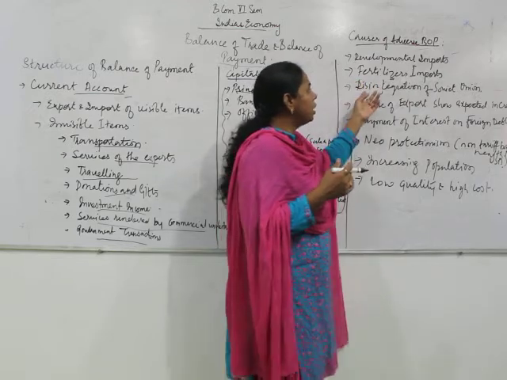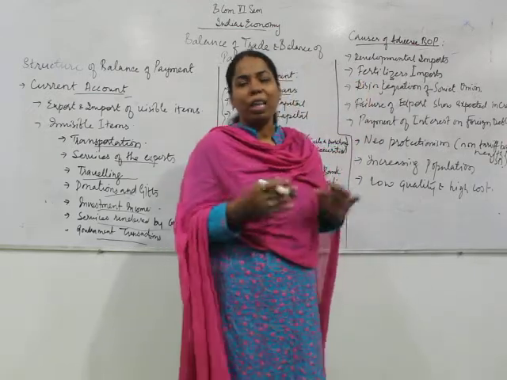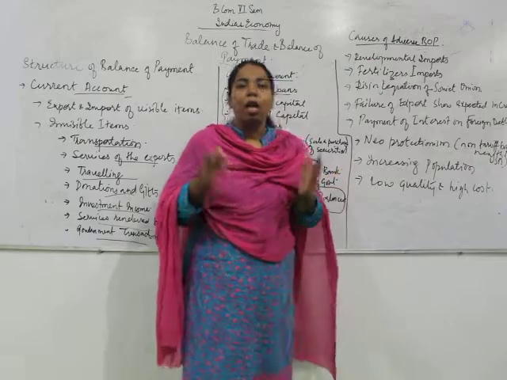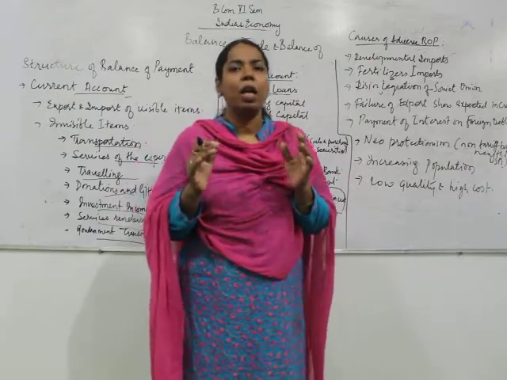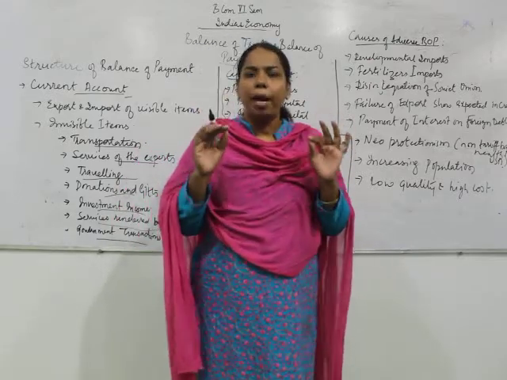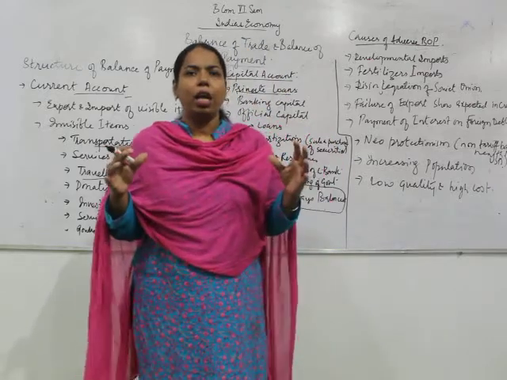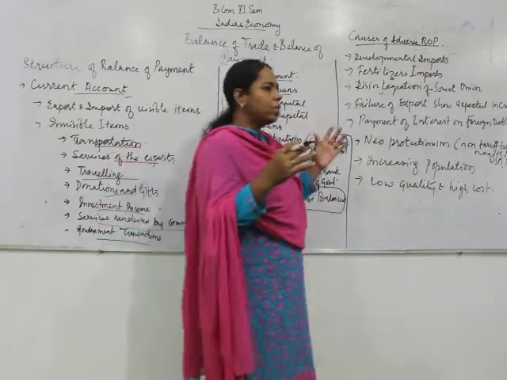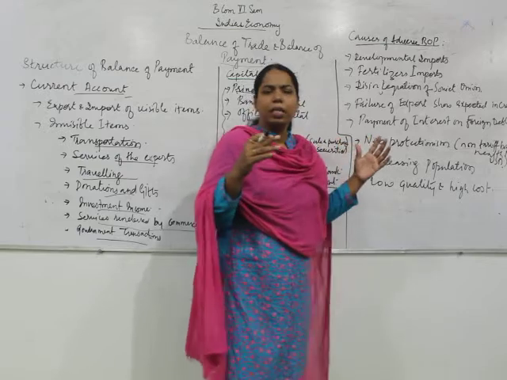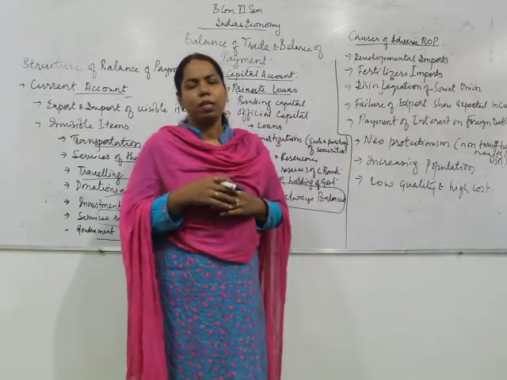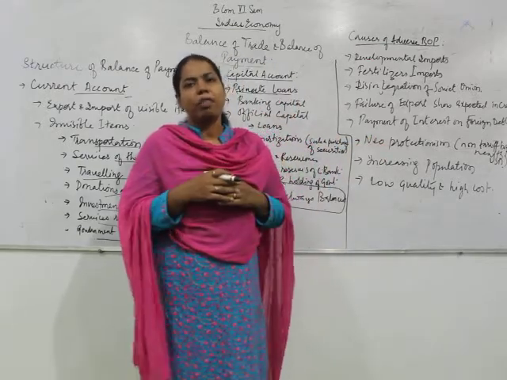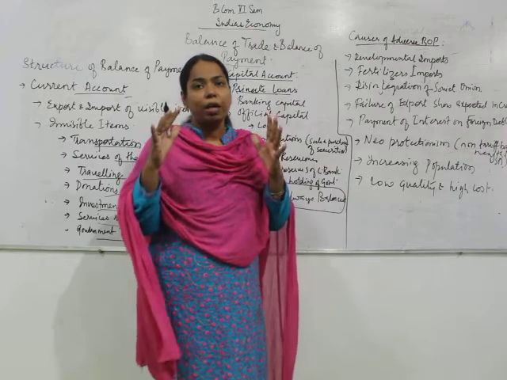Similarly, the disintegration of the Soviet Union, or the erstwhile USSR. USSR was basically the prime trading country of India. When it was disintegrated in the late 80s, or we can say in the early 90s, India suffered with the adverse balance of payment because our main trading partner was lost.